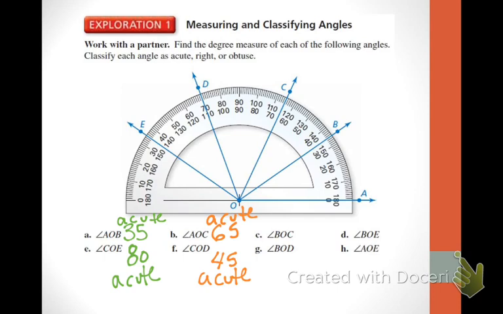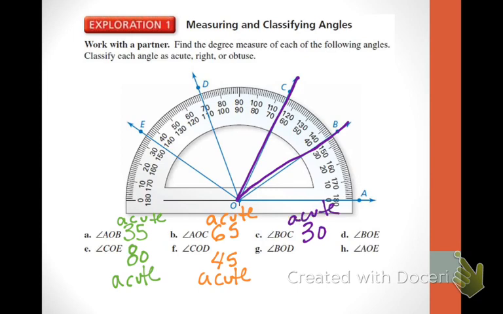Okay, Lena. We got BOC. It's 30 degrees and acute. Do we agree? Yeah. I agree. 30 degrees and acute. Go ahead and give it to Kaya.